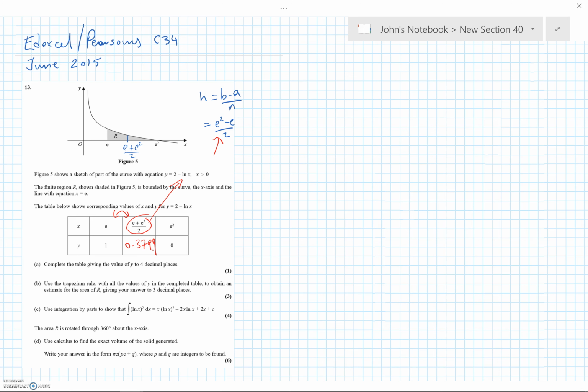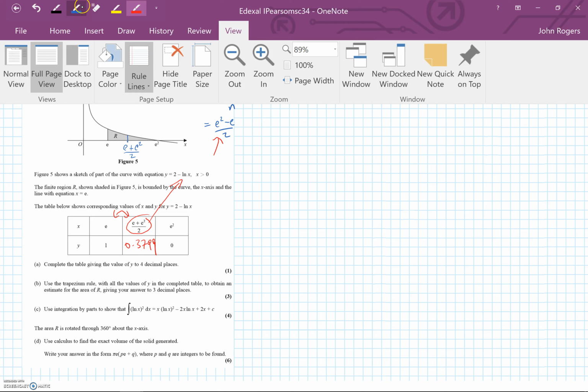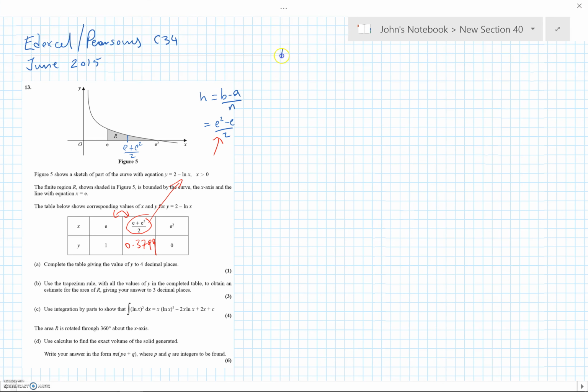The second question is to use the trapezium rule. Okay, let's change the colour to blue. So trapezium rule, h over 2, so the area is approximately equal to h over 2, and h is e squared minus e over 2, so it's over 4.